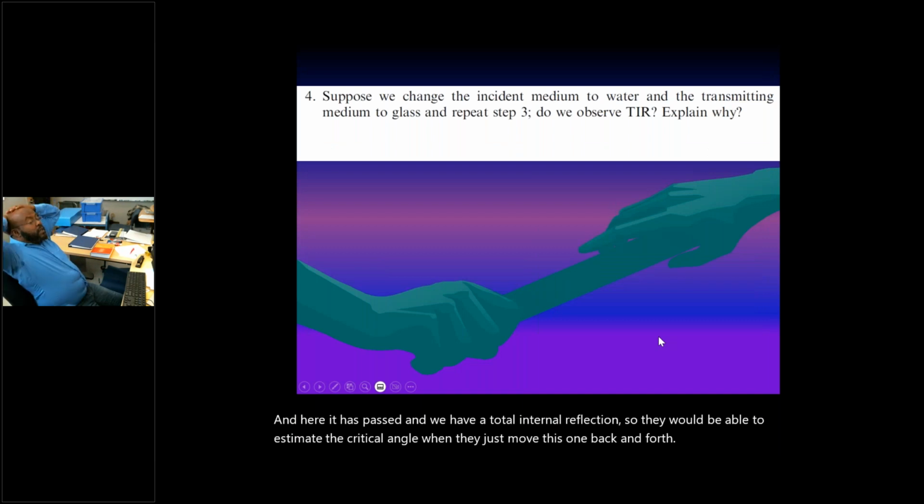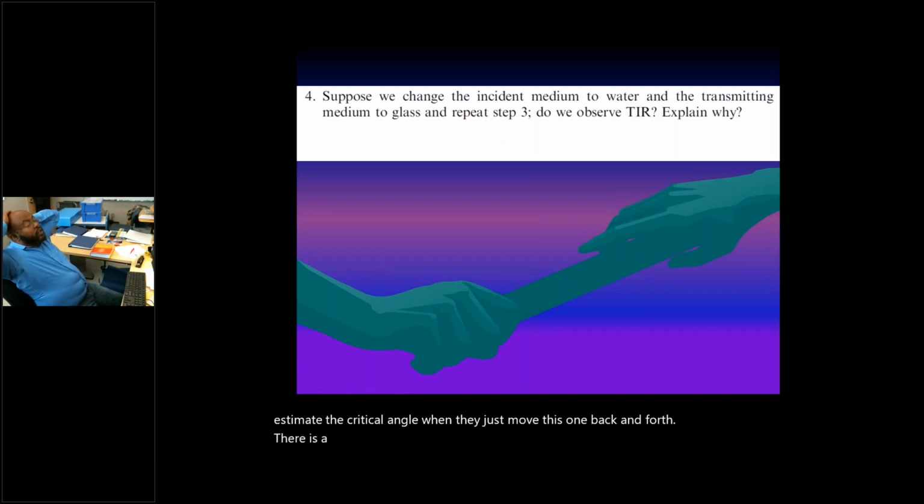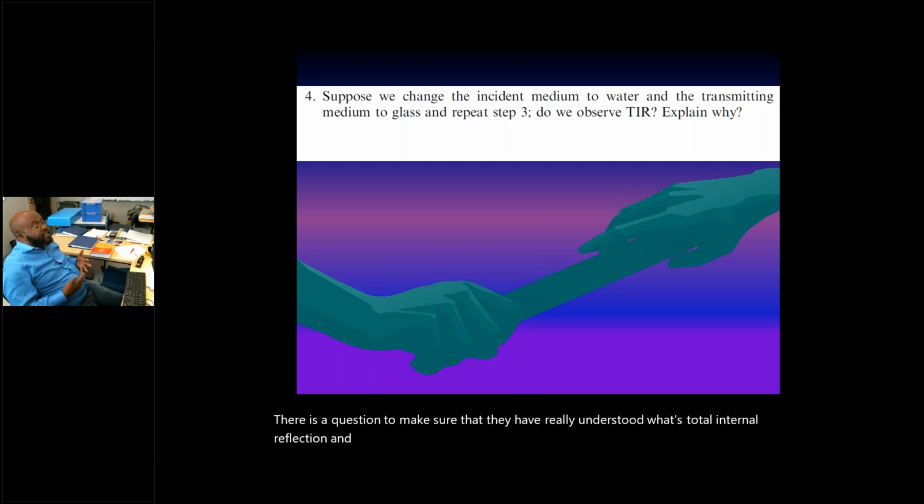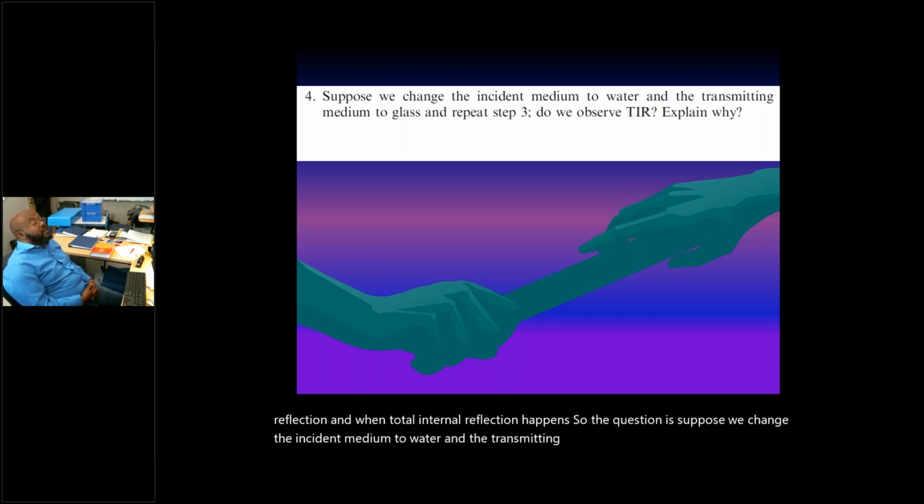Now, there is a question to make sure that they have really understood what total internal reflection is and when total internal reflection happens. So the question is, suppose we change the incident medium to water and the transmitting medium to glass.